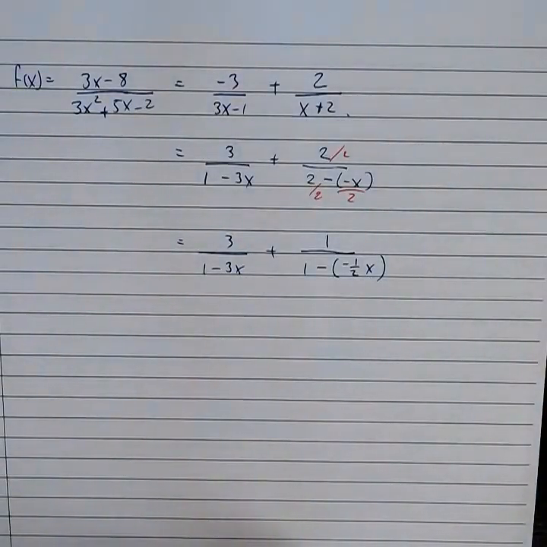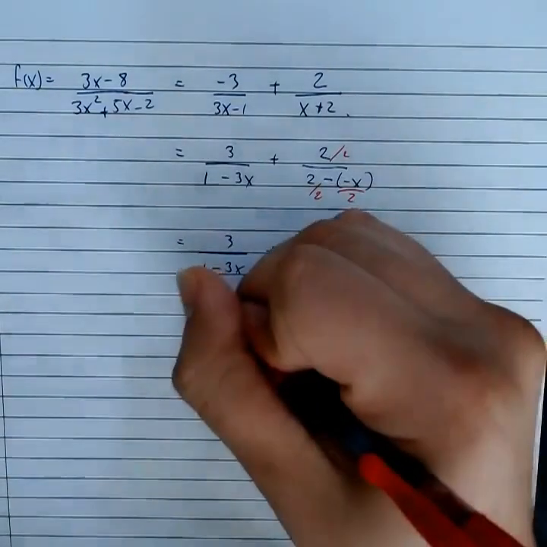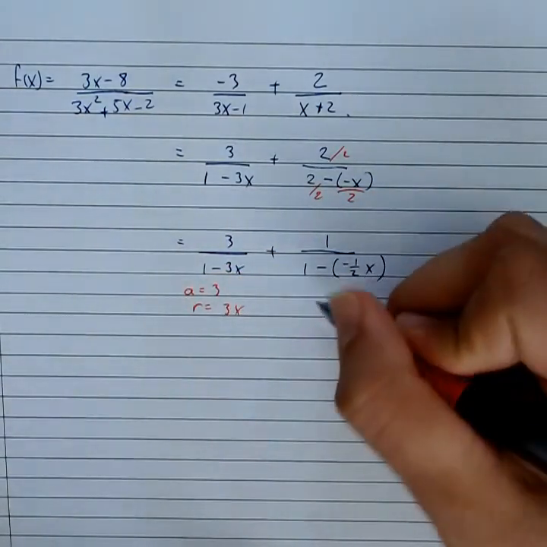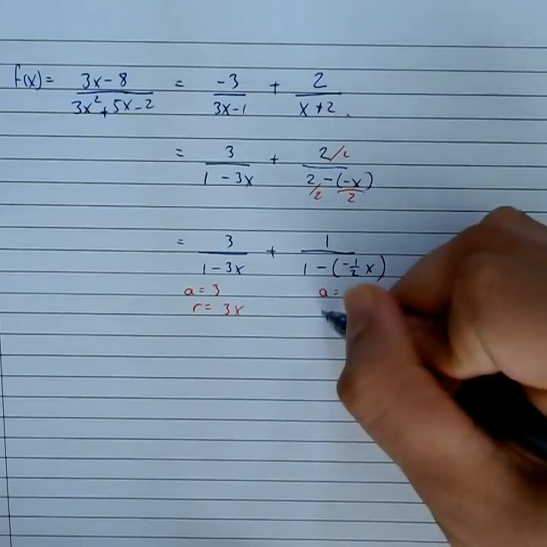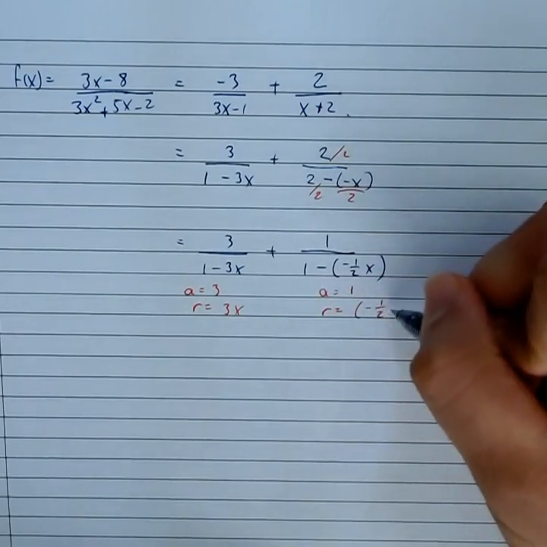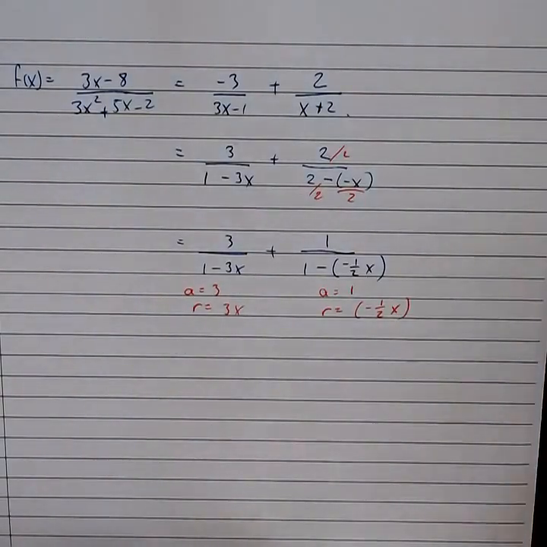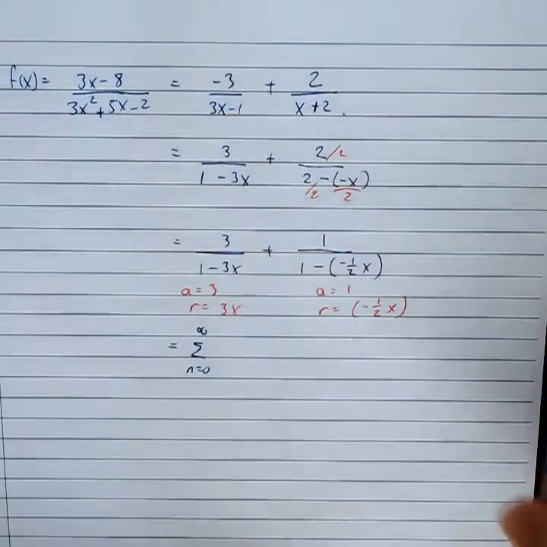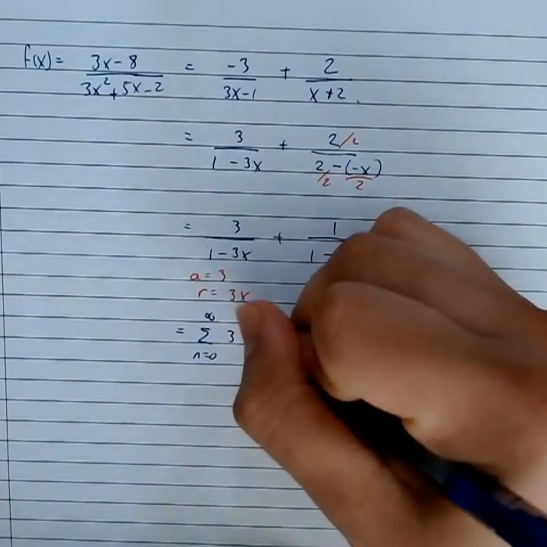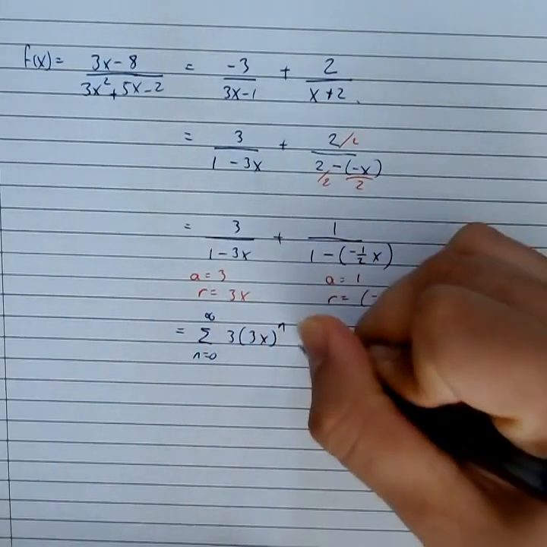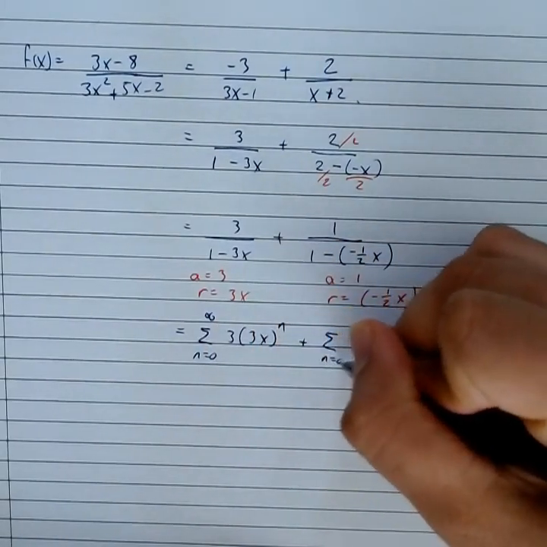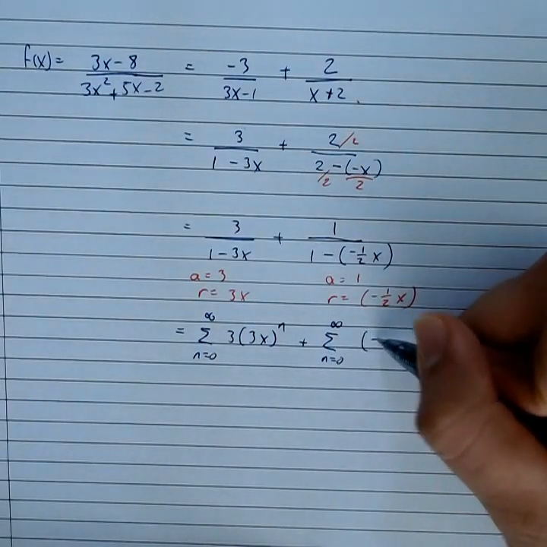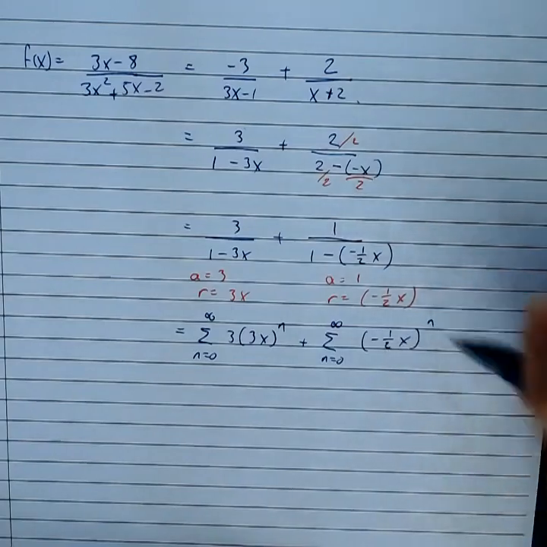This one, I have an a, which is just the number 3, and r, which is 3x. Over here, I have an a, which is the number 1, my numerator, and an r, which is negative 1/2 x. So that means my power series is the sum, as n goes from 0 to infinity, of a times r to the n, plus the sum as n goes from 0 to infinity, for this one, of a, which here we'll just leave as the number 1, times r to the power n.